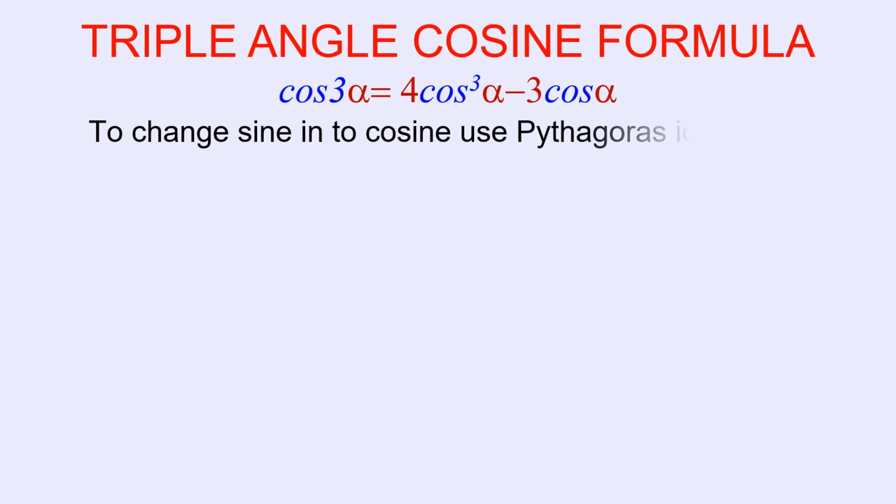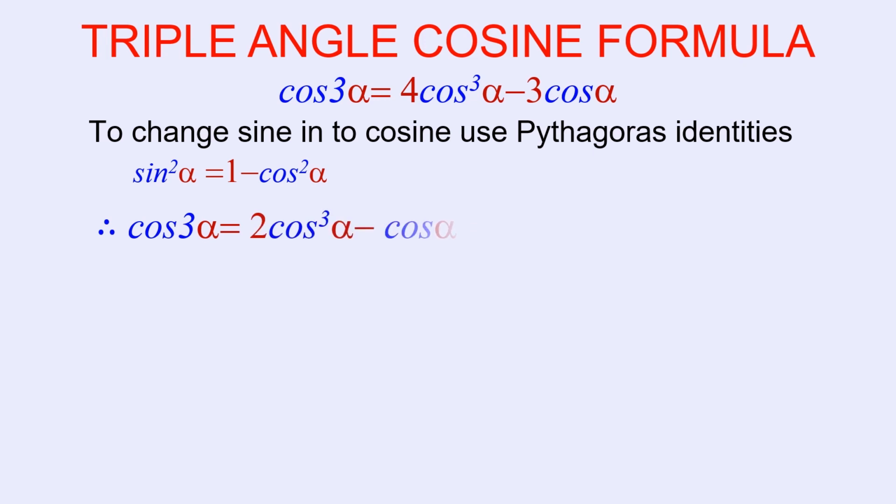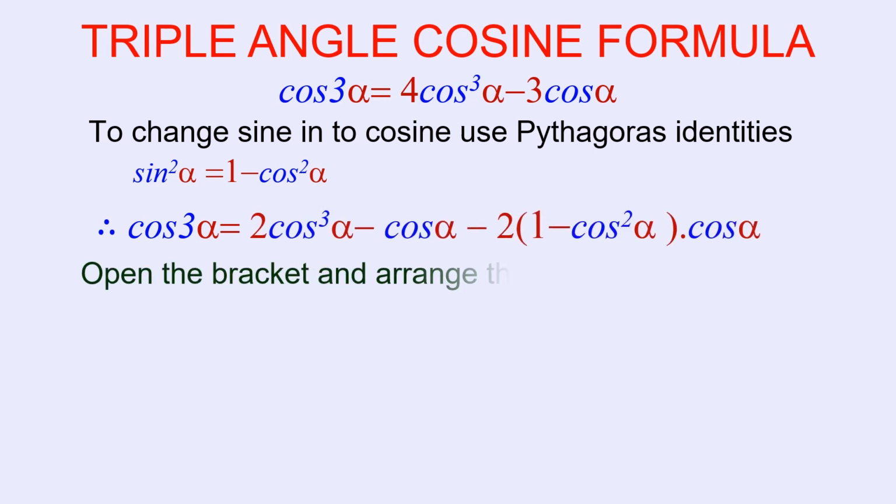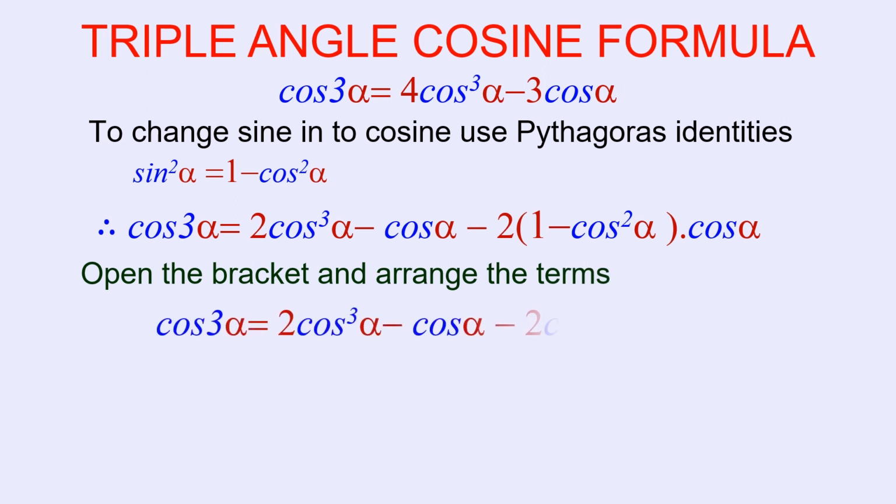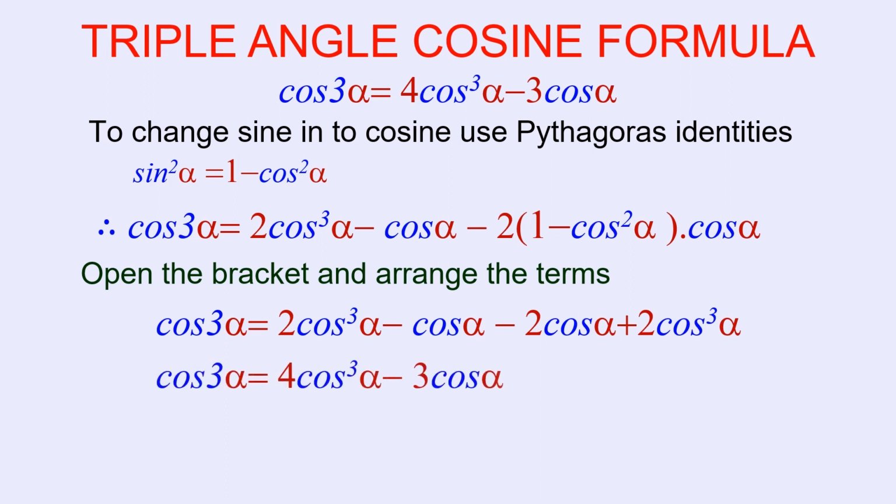To change the sine term into cosine term, we use Pythagoras identities. The sine squared alpha equals 1 minus the cosine squared alpha. Open the bracket and arrange the terms. We finally get the required formula. The cosine of 3 alpha equals 4 times cosine cubed alpha minus 3 times the cosine alpha.